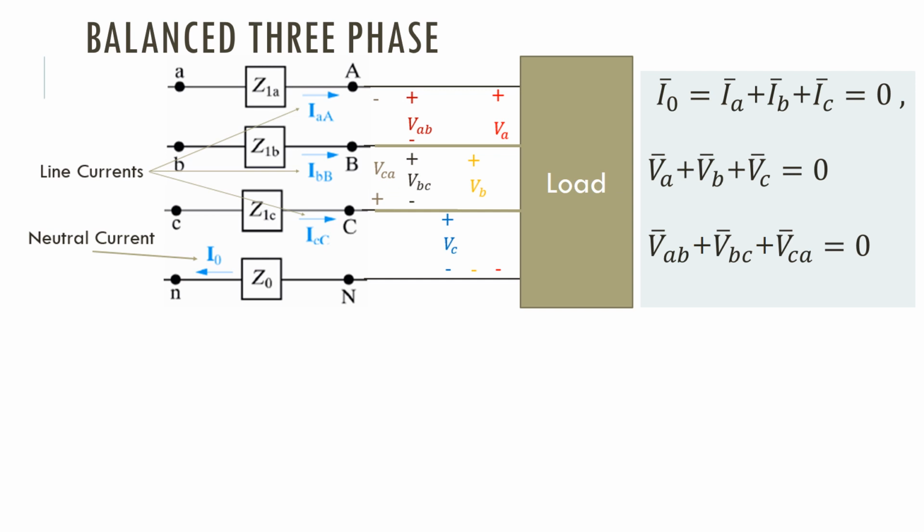As well, if you add VA, VB, VC, it is also equal to 0, right? Then if you add the line voltages VAB, VBC, VCA in sequence, that also gets to 0, right? So we will move on.